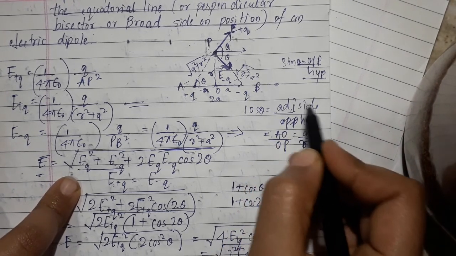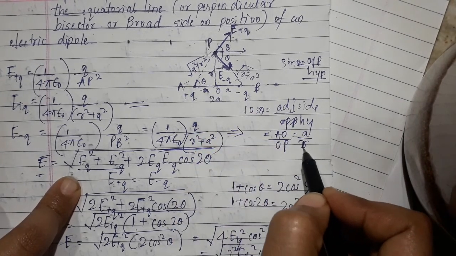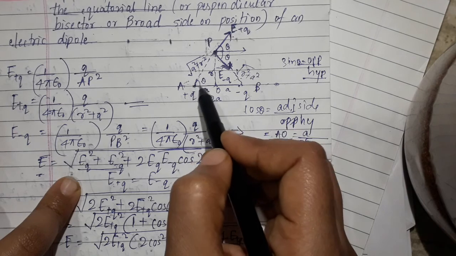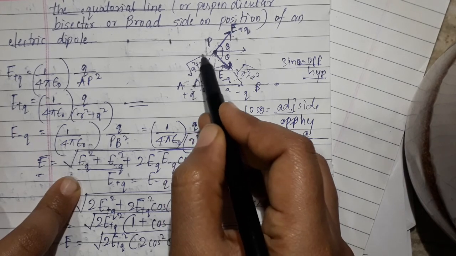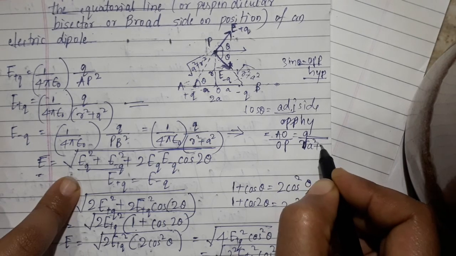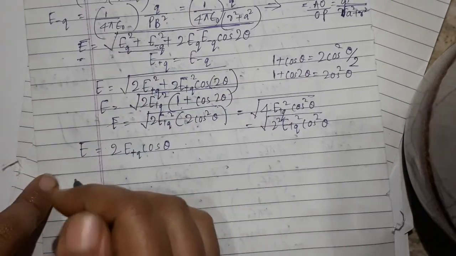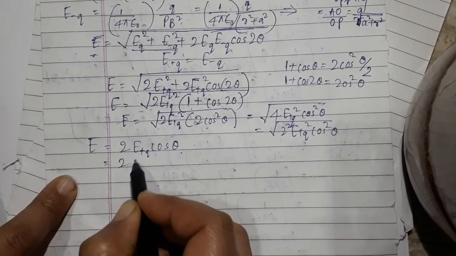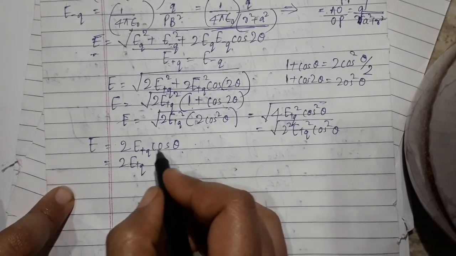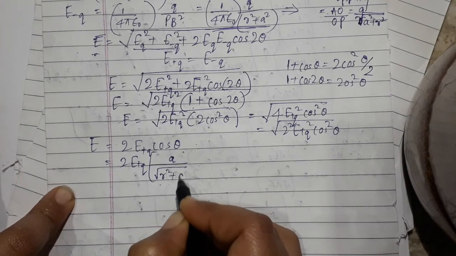So here cos theta is equal to adjacent by hypotenuse. Here this is the hypotenuse, adjacent A divided by root A square plus R square. So in the place of cos theta you have to write this, that is E equal to 2 E plus Q cos theta, with cos theta equal to A upon root R square plus A square.